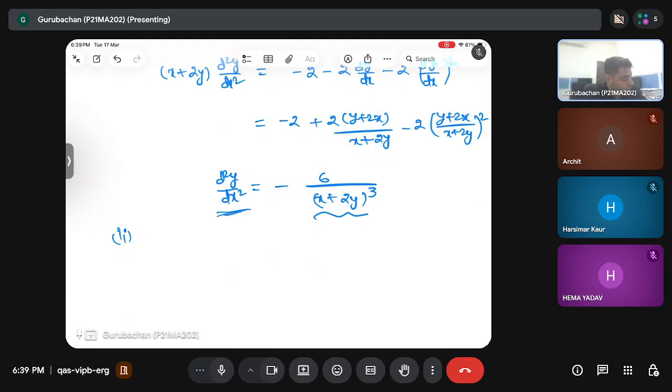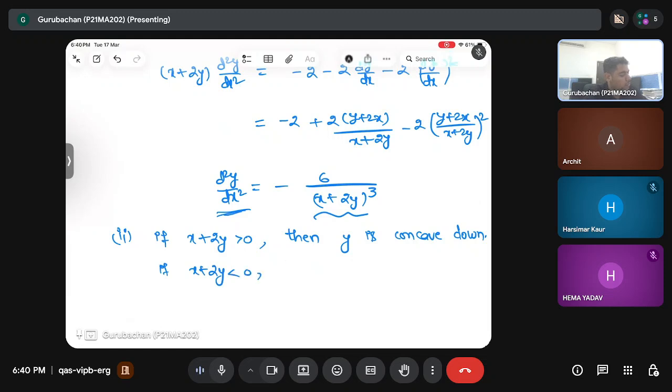So if x plus 2y is greater than 0, then y is concave down. When x plus 2y is less than 0, then y is concave up. Is it clear? Yes, sir.